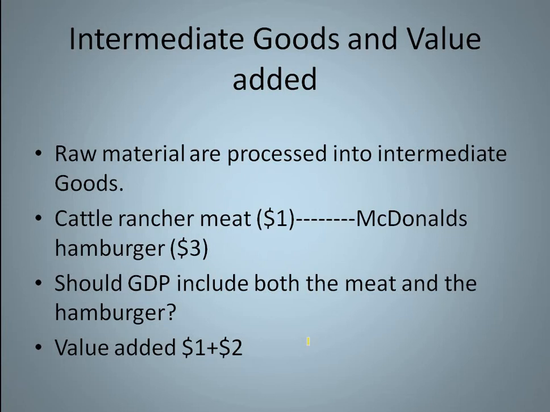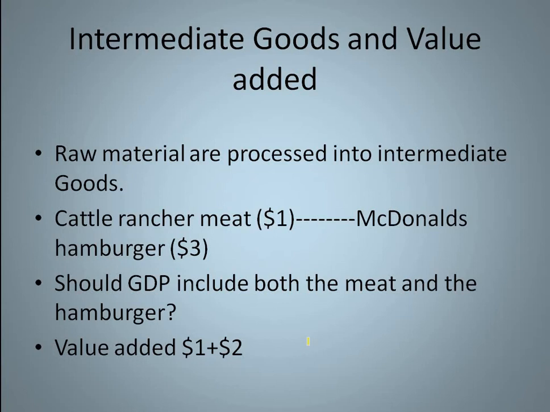So I have talked about the computation of GDP with intermediate goods, and the last one is value added. The other way to compute GDP is value added, and this method is very simple. The value of final goods and services is the sum of the value added at each stage of production.